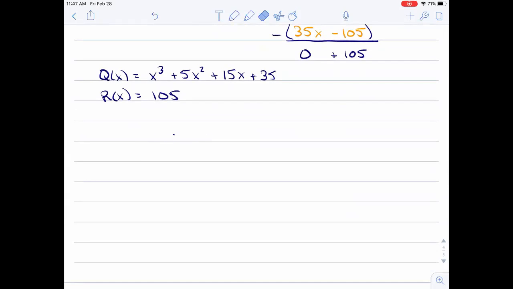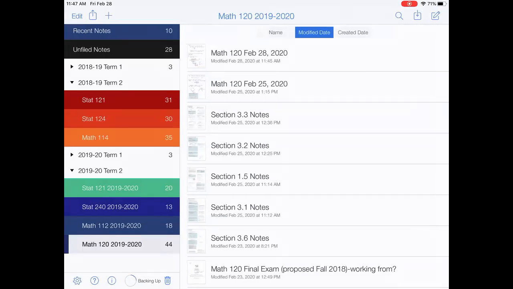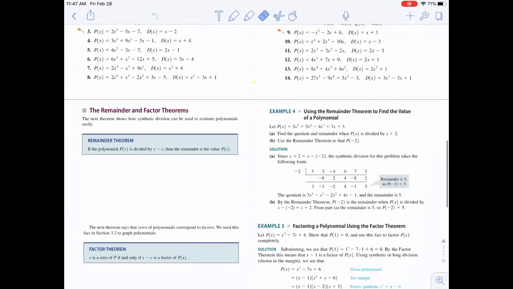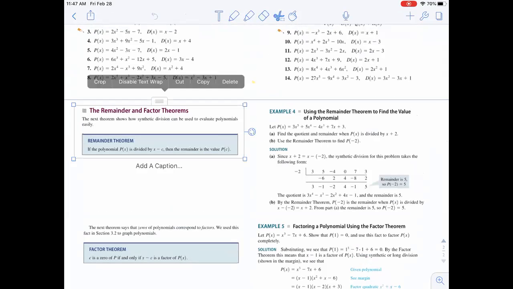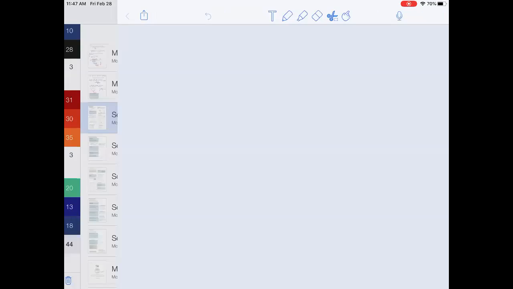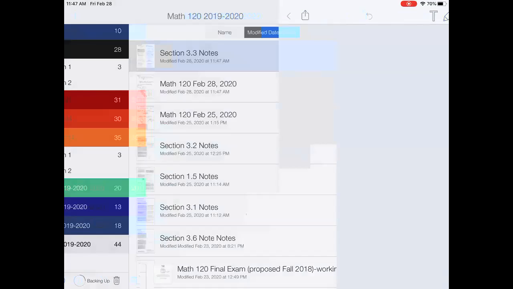Actually, I'm just going to steal the blurb from your handout, 3.3. Copy.